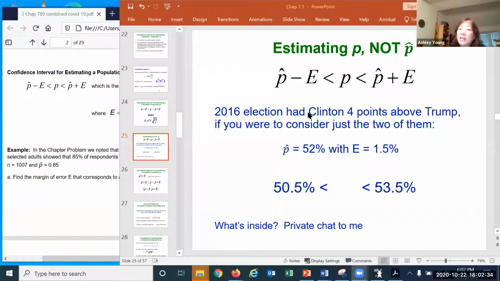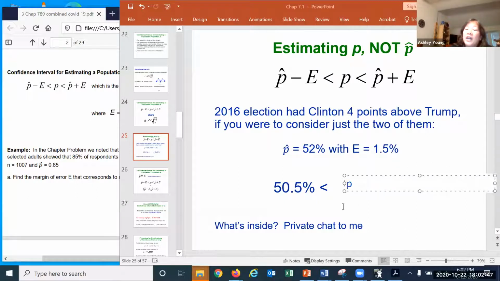So in this situation, it should be P, the actual percentage of people, not just what I got. I know what I got. I know p hat, it's 52%. That doesn't give me anything new.